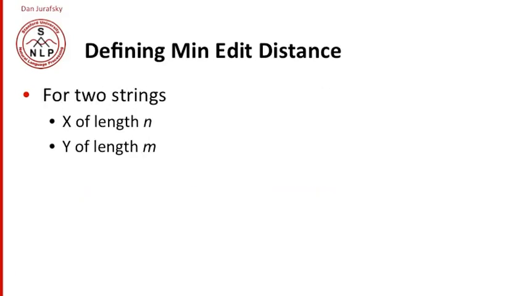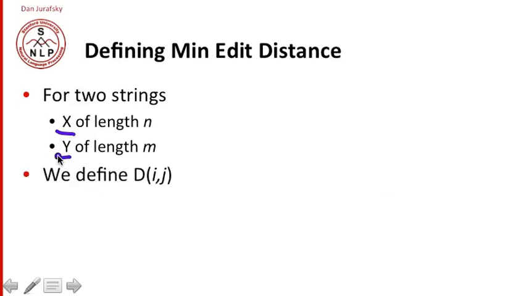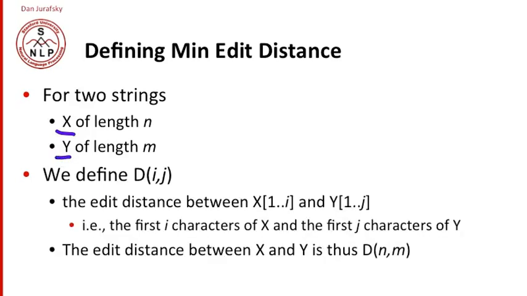We're going to define minimum edit distance formally as, for two strings, we have string X of length n and string Y of length m. We'll define a distance matrix, capital D of i,j, and that will be the edit distance between the first i characters, 1 through i, of X, and the first j characters, 1 through j, of string Y. So that's what's defined by D(i,j).